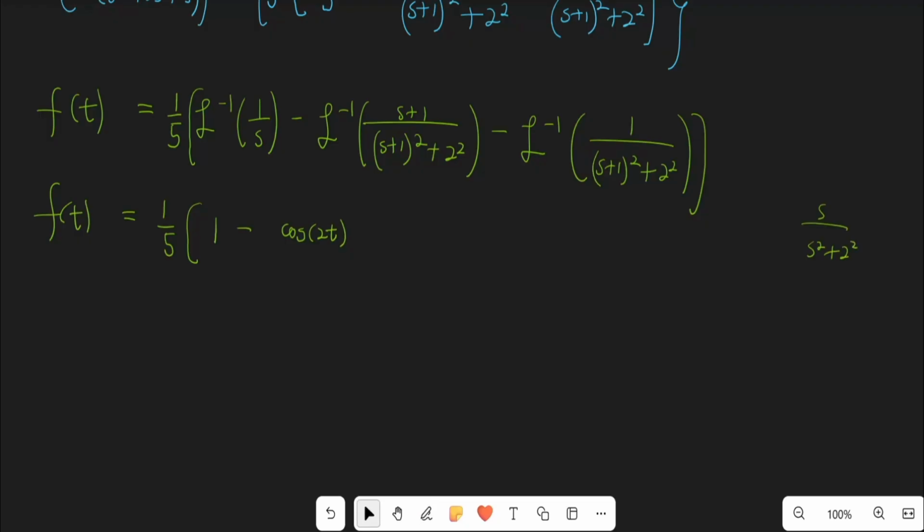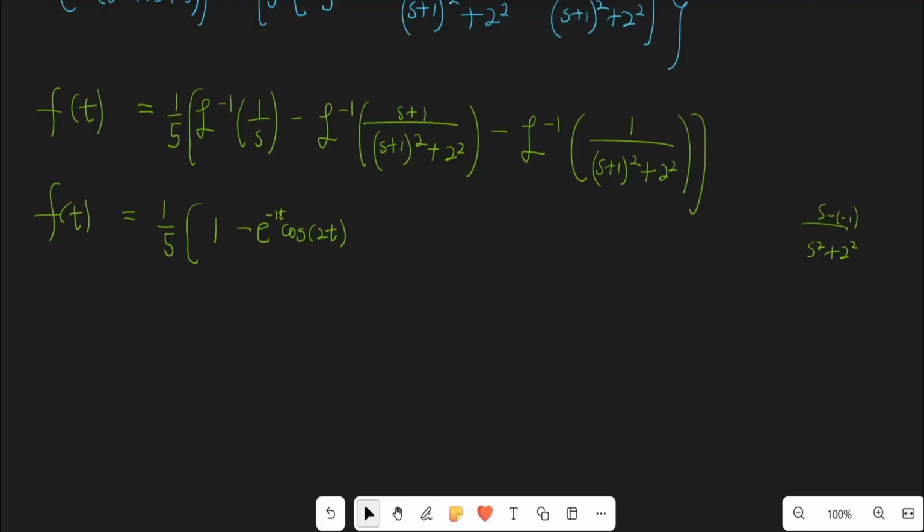The Laplace inverse of that is cosine of 2t, but the s variable is shifted by negative 1, that is s minus negative 1. And now the s at the bottom is also shifted by -1. So we have (s+1)², and then s+1 on the top. So because it's shifted by -1, we are going to multiply it by an exponential function which is shifted by -1 times t on top here, like this.